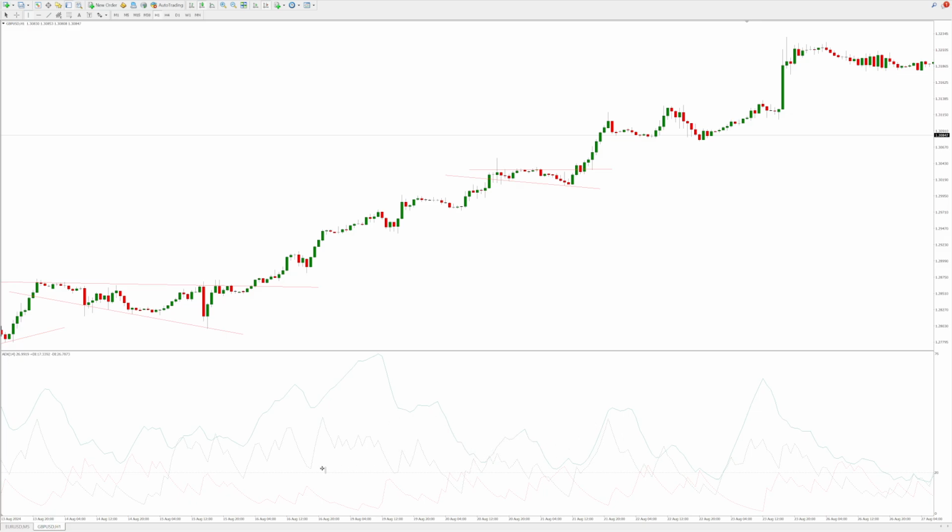That's this main line here. It's basically when the green crosses the red, it suggests the market's moving upwards. So if we just mark off where the ADX crossed here. Okay, anywhere after there, you could have been looking to take a long trade. Crossover here could have been a good entry point as well using the ADX.